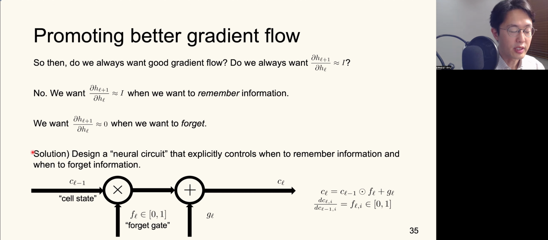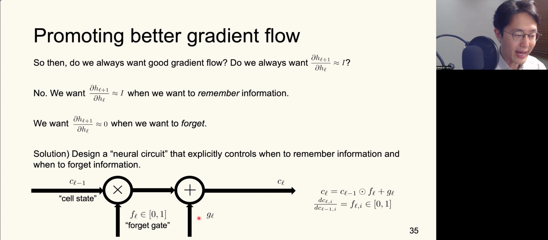So the solution is to design a sort of neural circuit that explicitly controls when to remember information and when to forget information. Shown here is an example of such a circuit. As input, we have this cell state, c sub l-1, and in the end, it will produce the subsequent cell state, c sub l. We're going to take this cell state and multiply it by this so-called forget gate. F is a value between 0 and 1, and we'll perform element-wise multiplication.